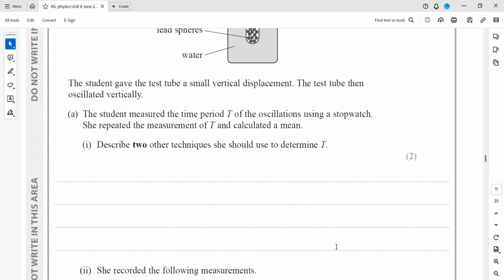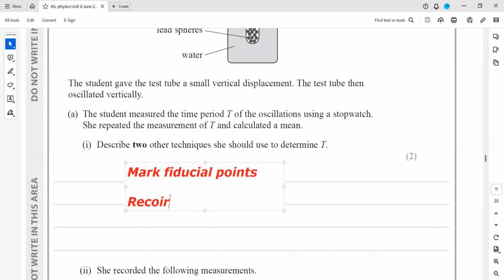So what should be done to measure a time period as accurately as possible? First thing, mark fiducial points, meaning the identification of the mean and extreme positions.